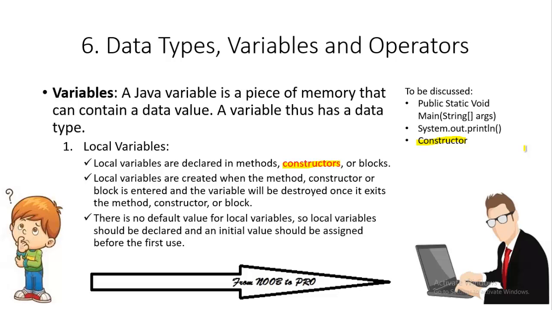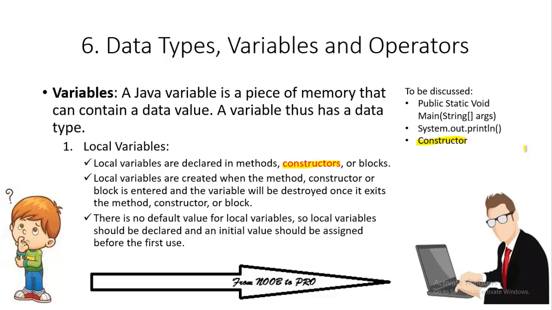Also, as we said earlier, each data type has some default value. But if the data type is associated with a local variable, there is no default value to it. We need to give the variable some value before using it.